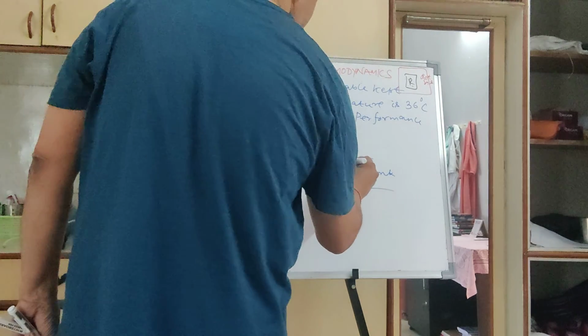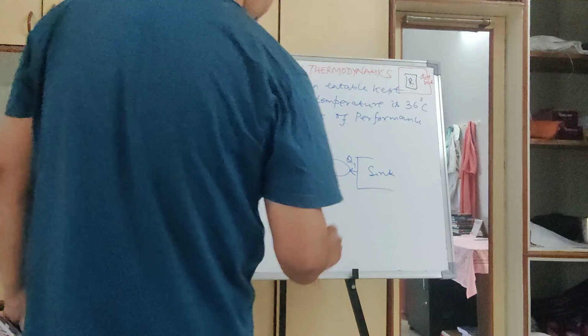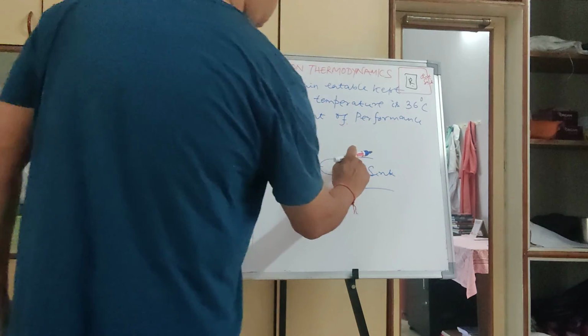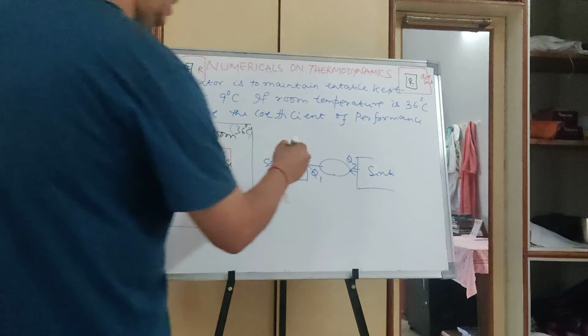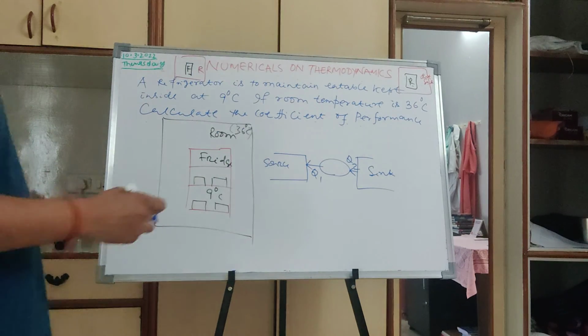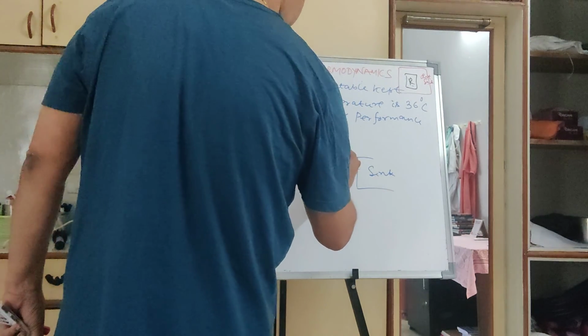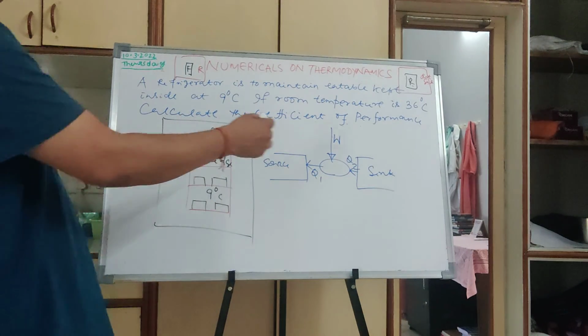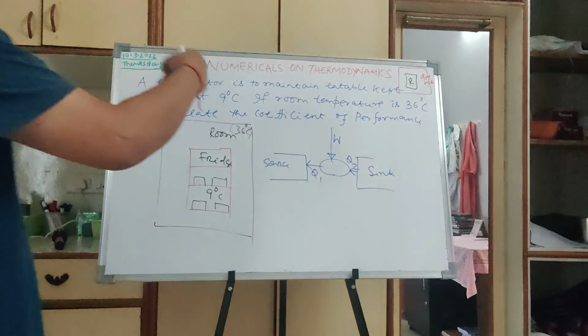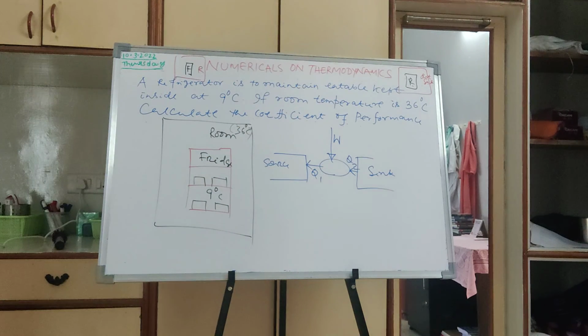Okay. So you are taking heat Q2 from the sink, and throwing away heat Q1 to the room by doing work on the compressor. So in case of a heat engine, the direction will be different.